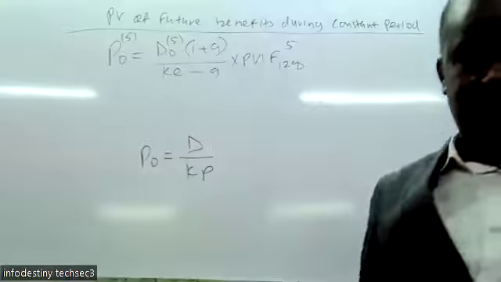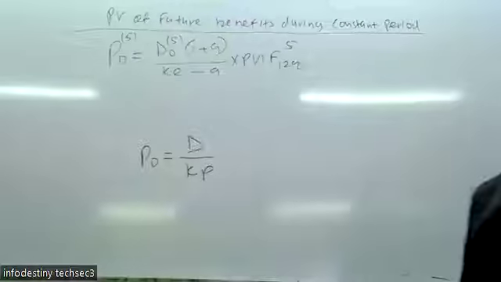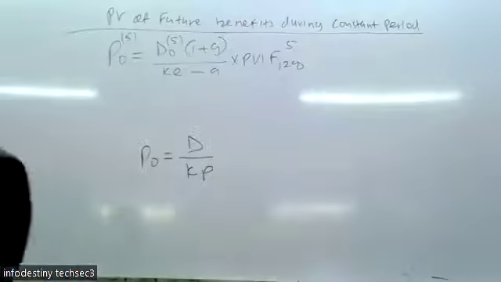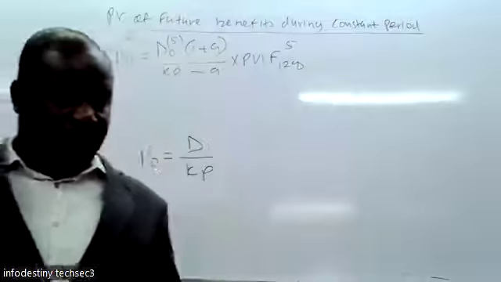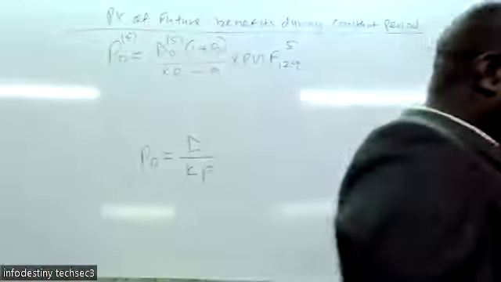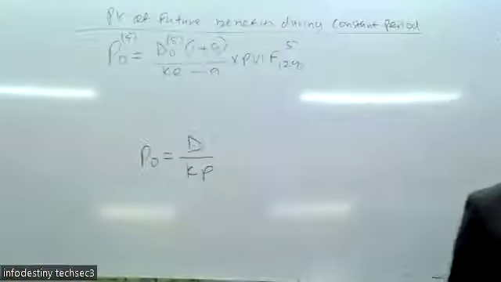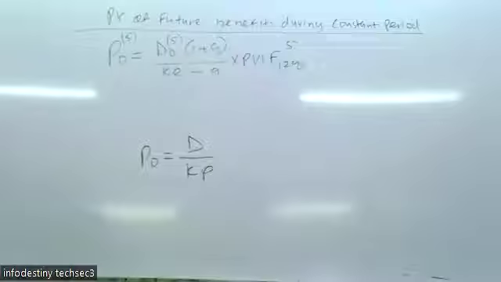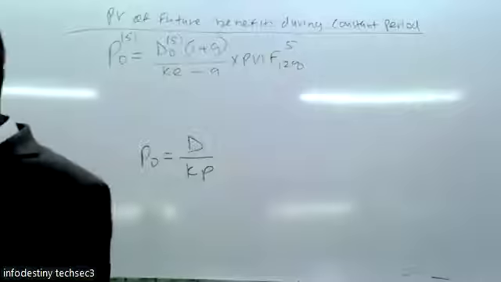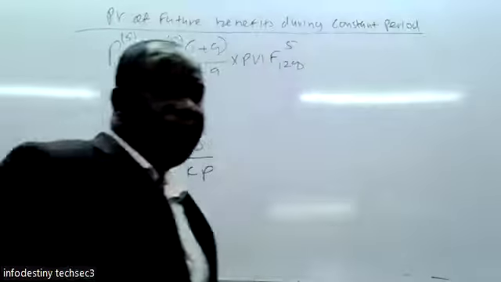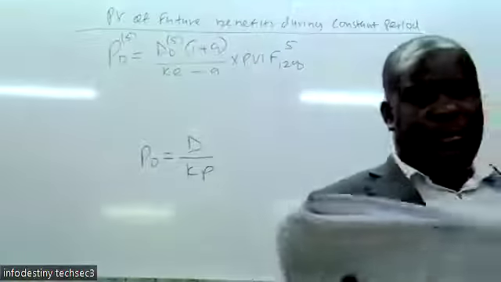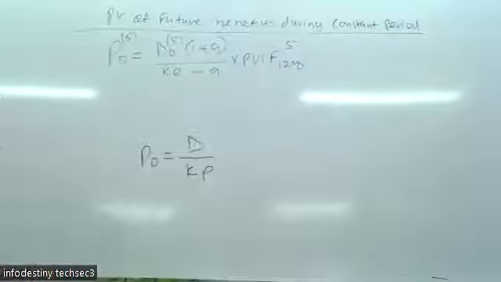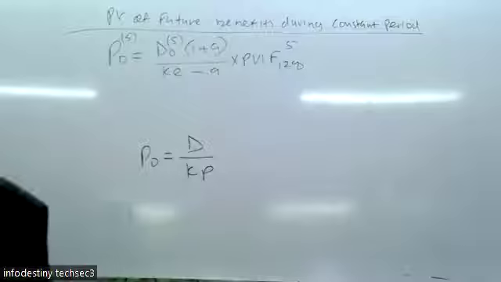So there is a question from November 2016, question 4 part B. They have said that a firm issued 10% preference shares to raise funds.